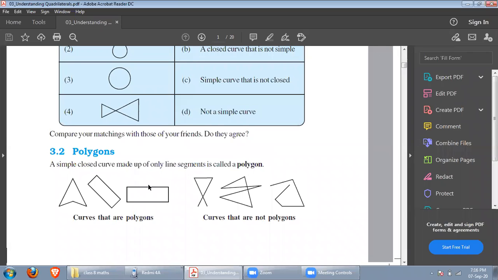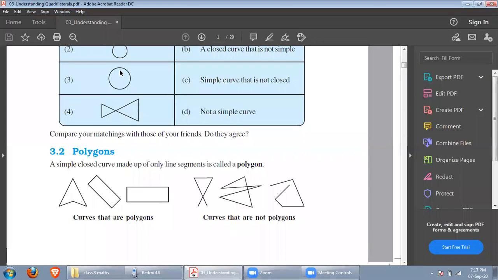Sometimes we can say that a very near definition of a circle can be like a polygon with infinite line segments. Small line segments can make up the circle. But by the standard definition, it is not a polygon.